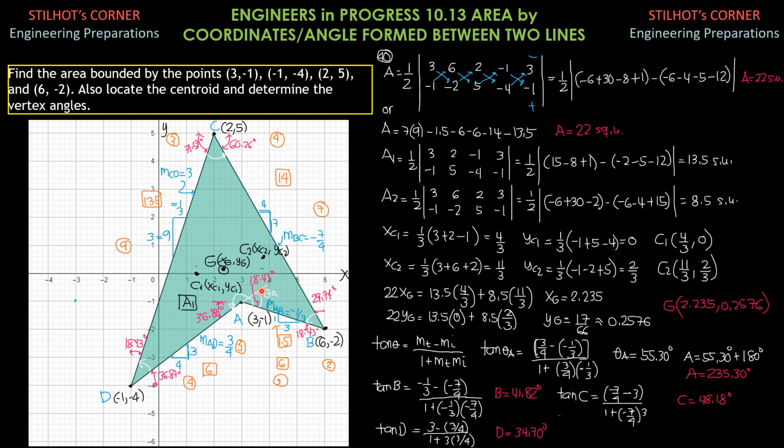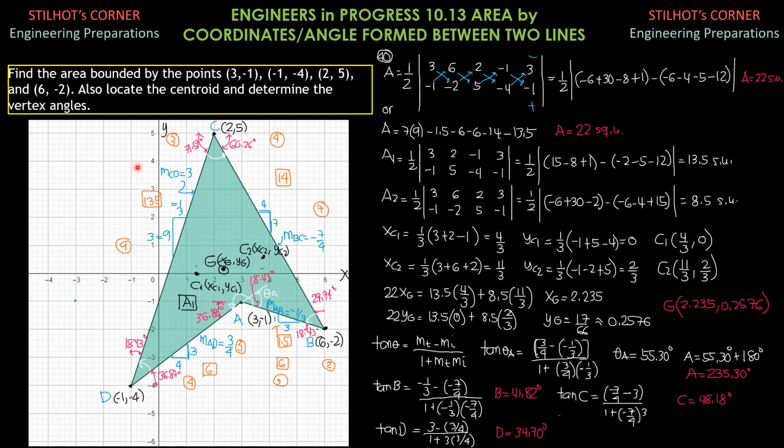So for the horizontal distance, it should be right x coordinate, 6, minus left x coordinate, 2, so that's why this is 4. The vertical distance is upper y coordinate 5 minus negative 2, so that's why we have 7 here. The area is 1/2 of 4 times 7, so 1/2 of 28 is 14.